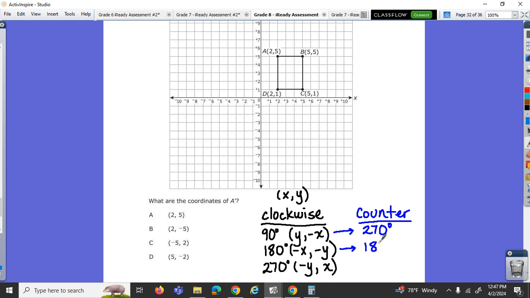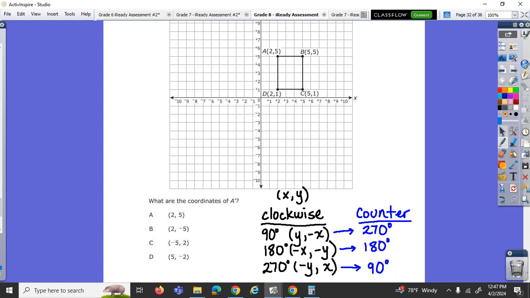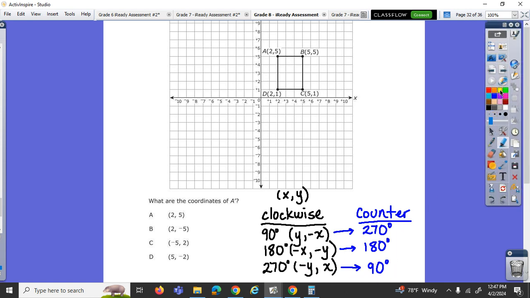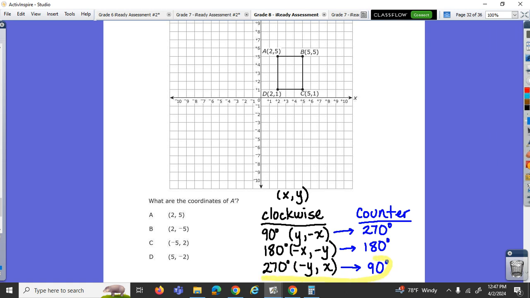That one's kind of like your middleman. So that's still 180. And 270 clockwise is the same as 90 degrees counterclockwise. So the question asks for 90 degrees counterclockwise, which means that we are looking at this one right here.